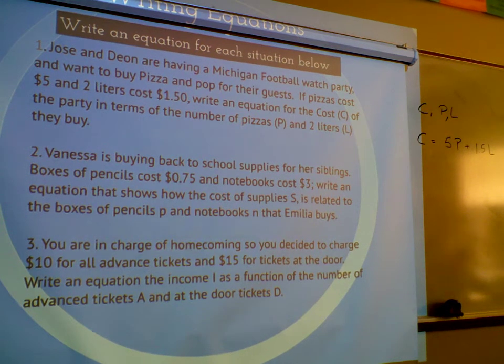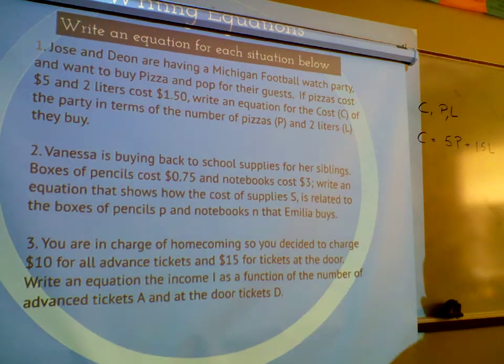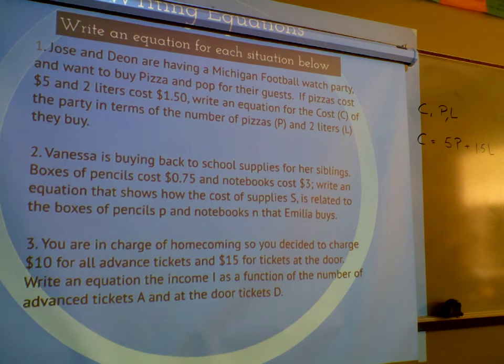Can you guys try 2 and 3 on your own? Give 2 and 3 a shot. Try your examples.